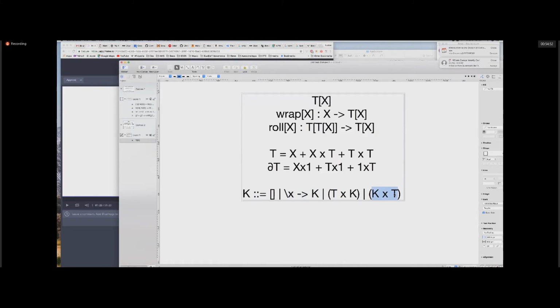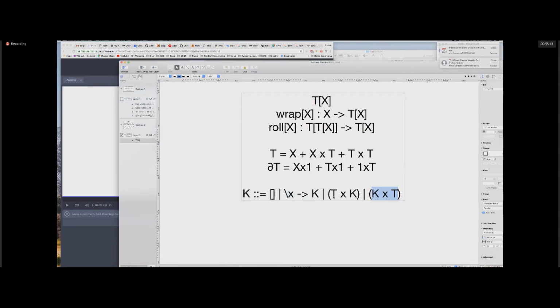Perhaps next time I'll have it all written up for you. But what you should know is just that the calculation of the derivative is exactly the formation of contexts. And so that's the thing to take away.